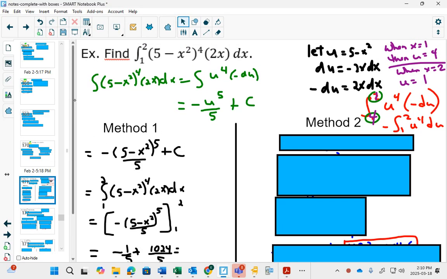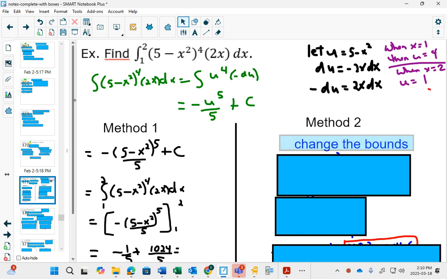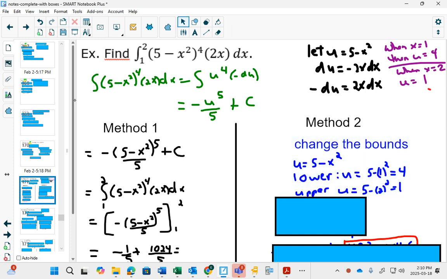So now with bounds, I tend to say I like what I did here in purple. I do my substitution, and I also say I need to do my substitution with my bounds. So I change the bounds, which we did up there in purple, and now I can write my integral.